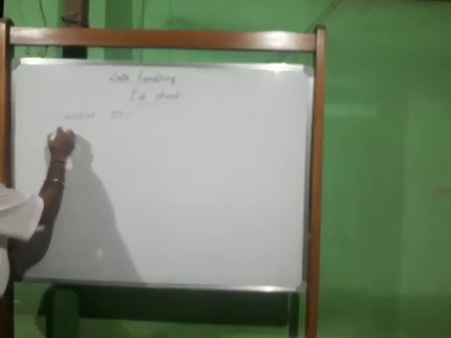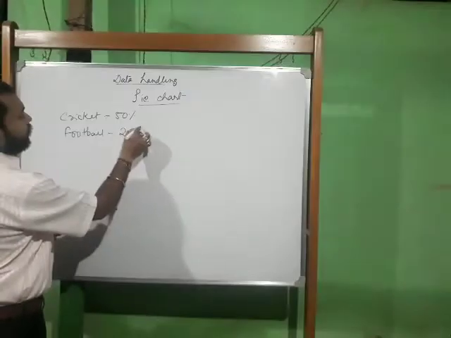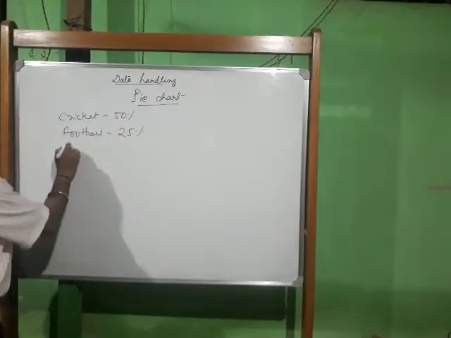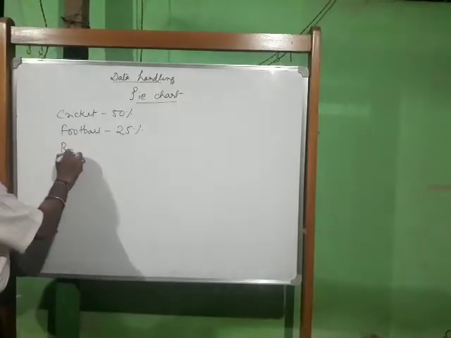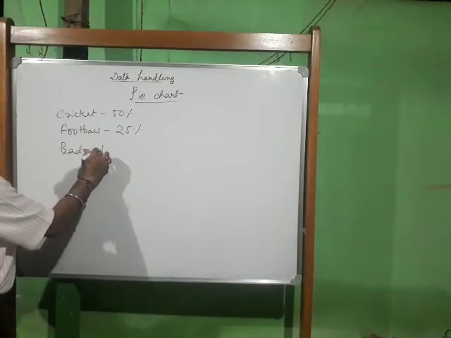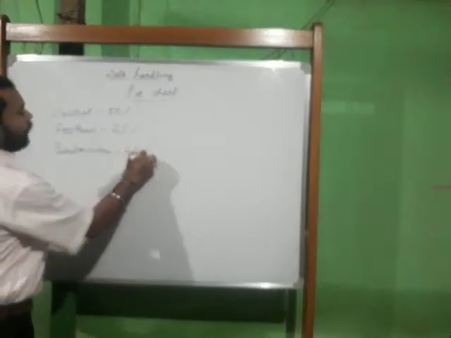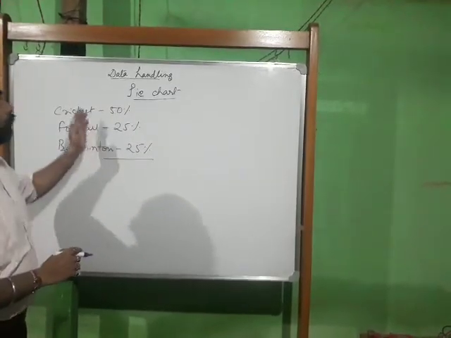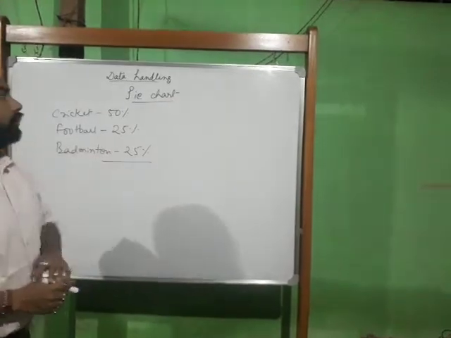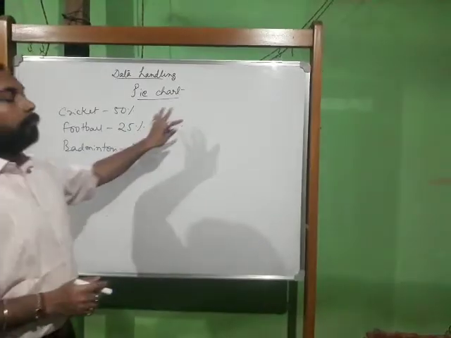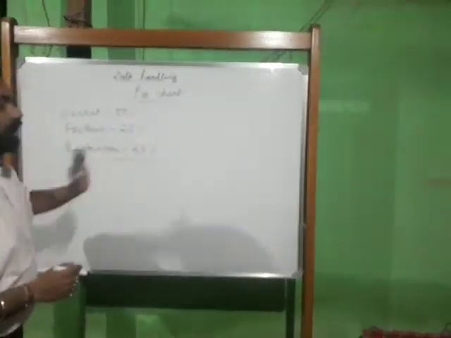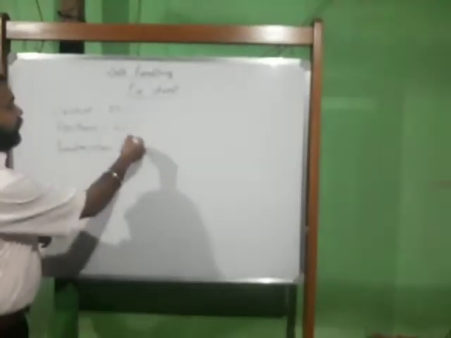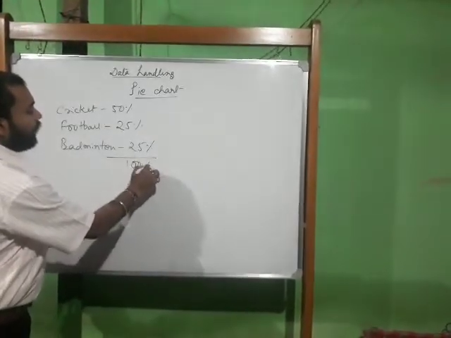Some students like football and the percent is 25%, and the remaining students like badminton, which is also 25%. Why am I taking 25? Because the total should be 100%, since we will be converting this data and plotting it in a pie chart. Here 25, 25 and 50 make a total percentage of 100.